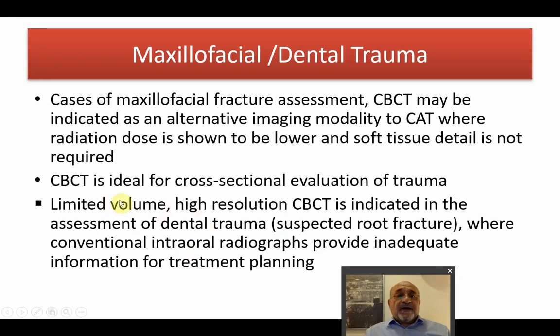Okay, so ideal for cross-sectional evaluation of trauma is the 3D, and a limited volume, high resolution CBCT is indicated. High resolution CBCT means some machines give you the chance to choose between quick exposure or a detailed exposure.